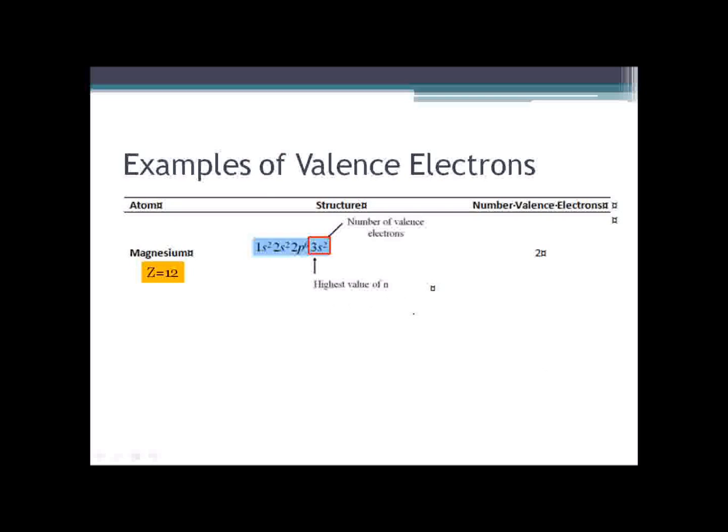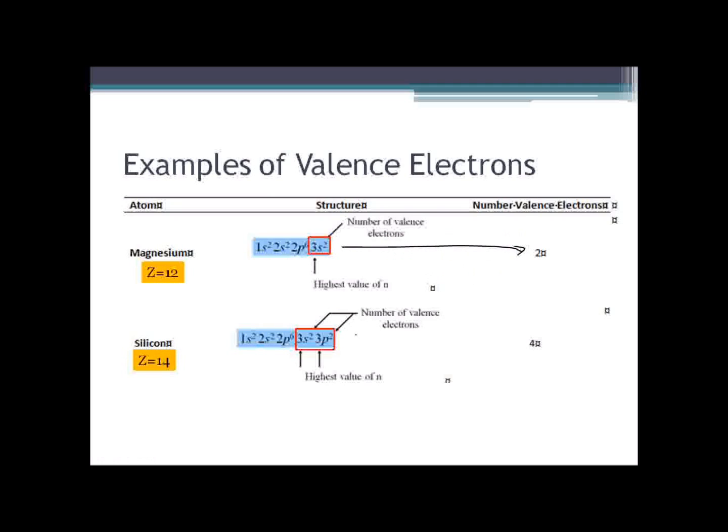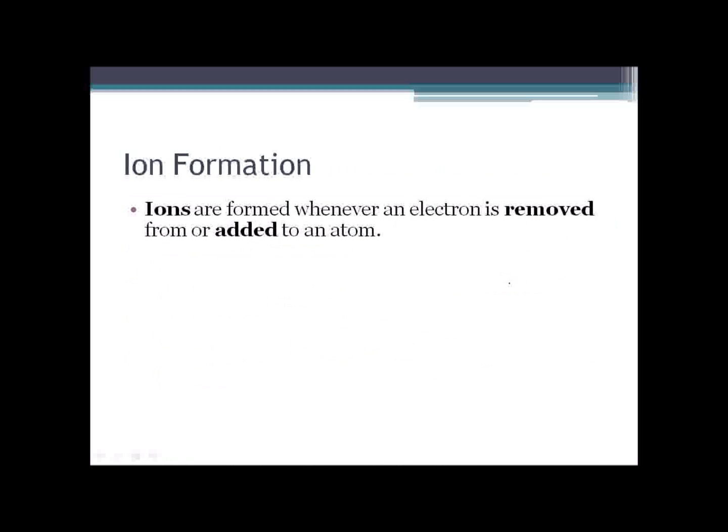Here's an example of what we mean by valence electrons. These are the ones that are going to be in the outermost shell. For magnesium here you can see it is 2. There it is there. And for silicon you can see it's 4. There it is there.